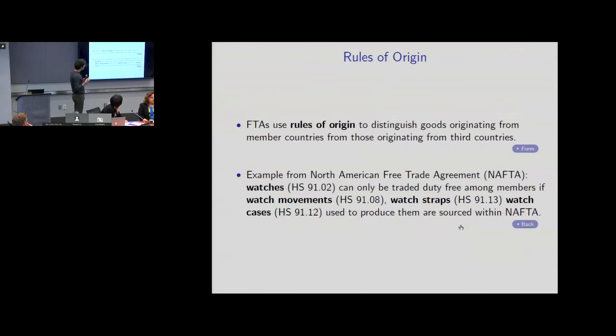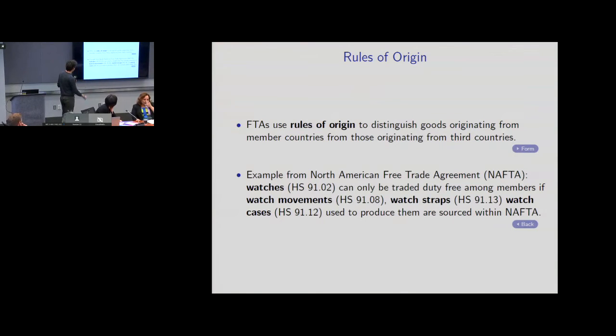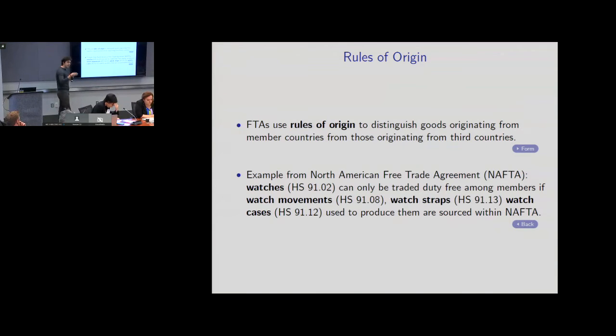So just to give you an example on how rules of origin work in practice in the particular case of NAFTA. So as I was saying, rules of origin are going to distinguish goods which are originated within the FTA and out of the FTA. So take the example of watches, for instance, which is defined by this code. So rules of origin are going to tell you, in order for watches to be qualified as having been produced within NAFTA, there is a list of intermediate goods that have to be sourced internally within the FTA.